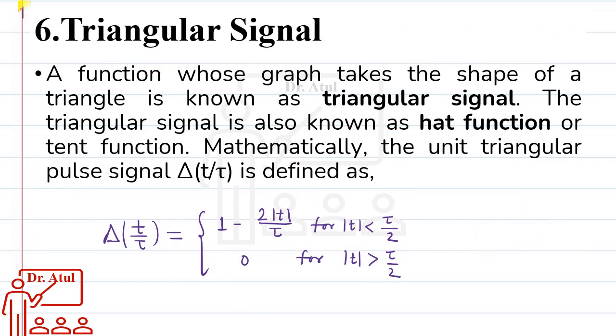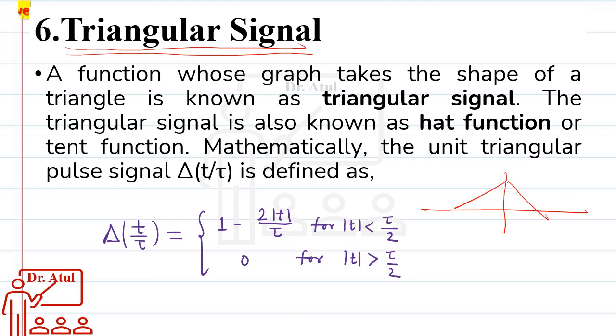Next one is the triangular signal. Similar to rectangular, triangular is also centered around 0. It goes like this on both sides, and tau is the time interval. It starts from minus tau by 2 and goes towards tau by 2. Its amplitude is also 1.